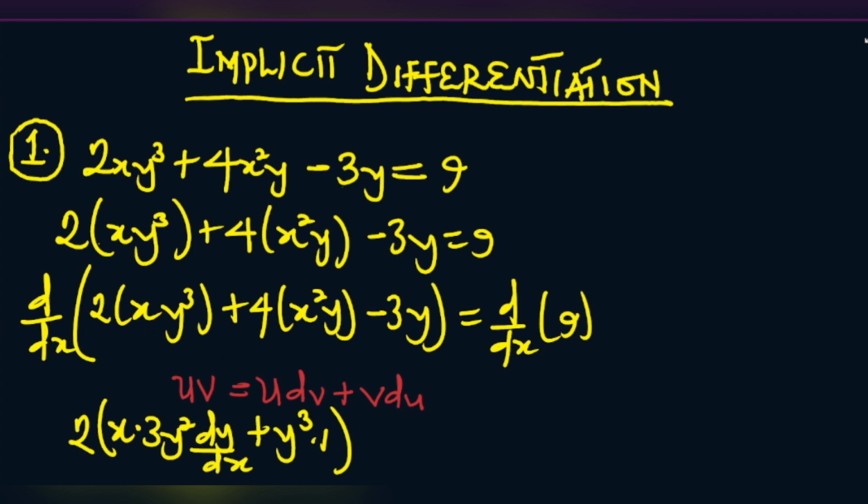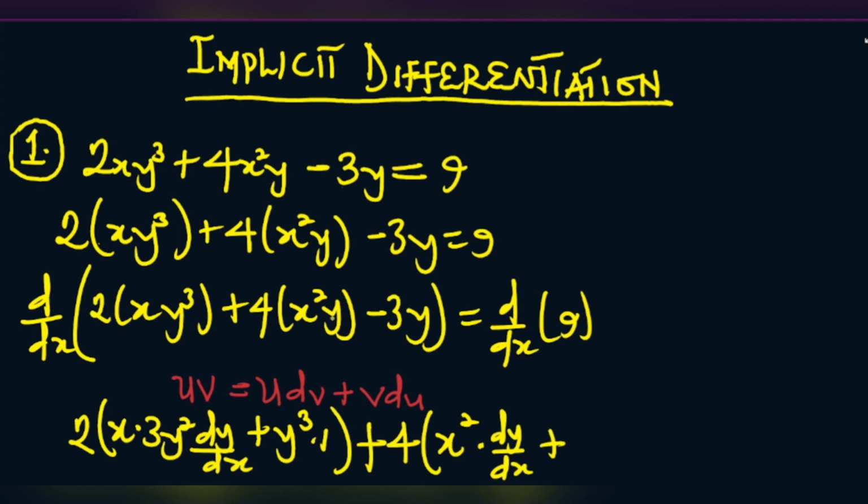Moving on to the other, plus 4 into x squared y. Remember, x squared is our u. Retain that, multiplied by, differentiating y gives 1. Remember, always multiply it with dy dx. So 1 times dy dx, we have dy dx.